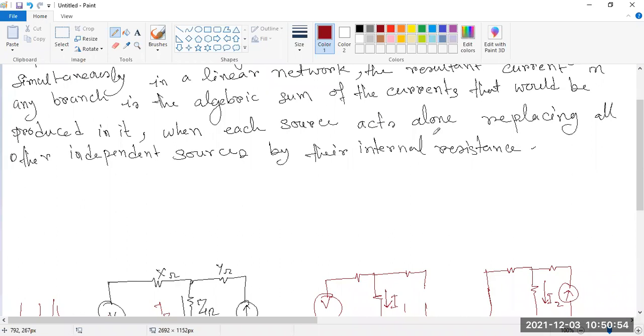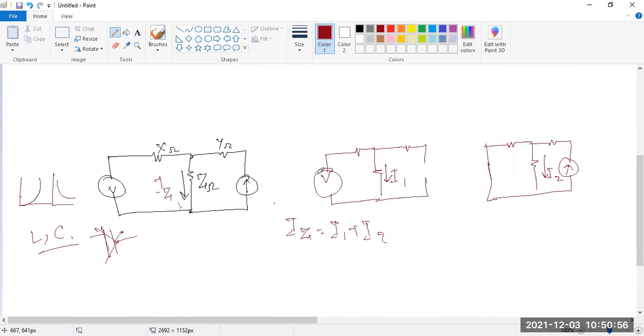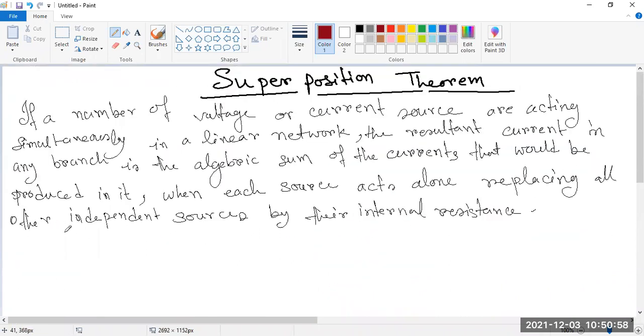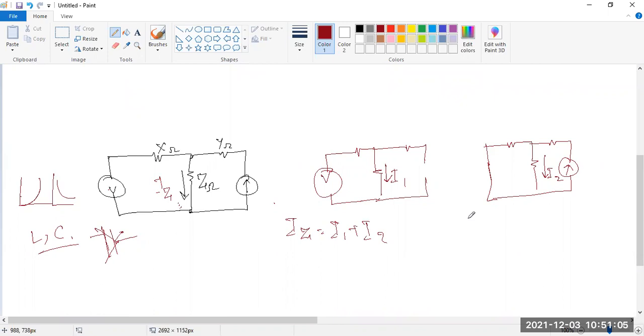Acting alone means only this source is acting and all other independent sources are replaced by their internal resistance. This is the problem and this is the statement.